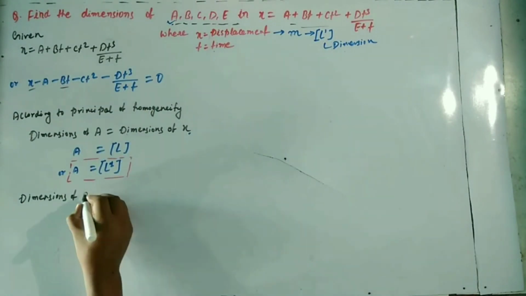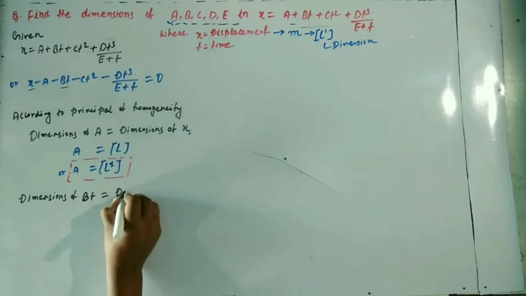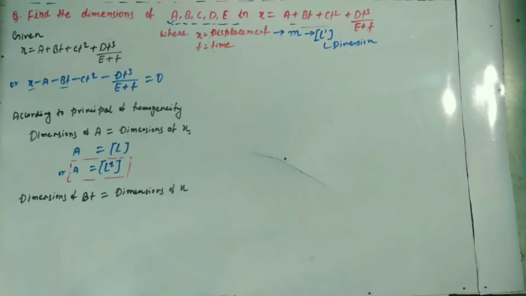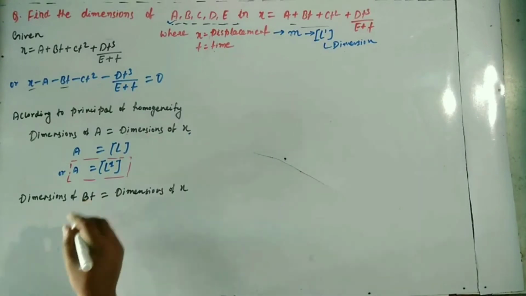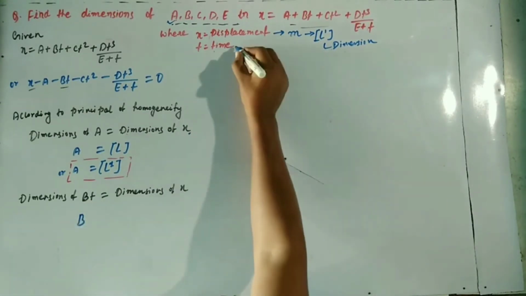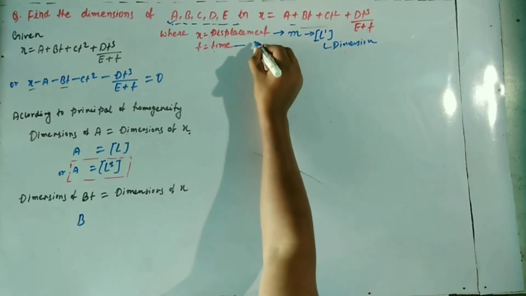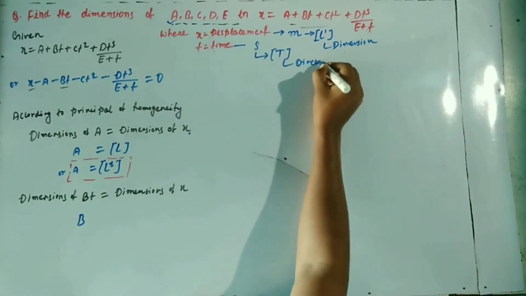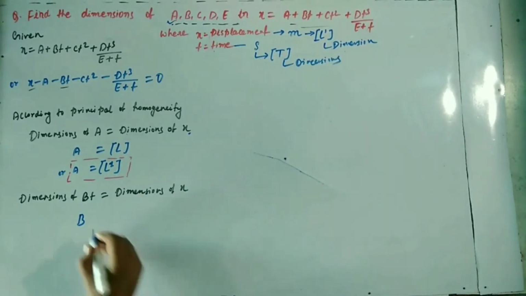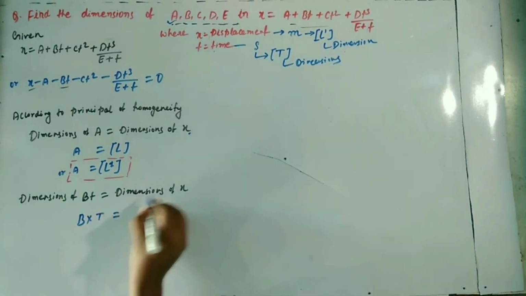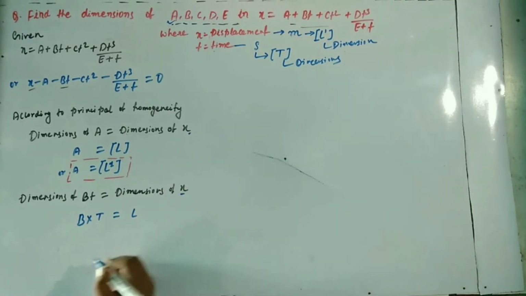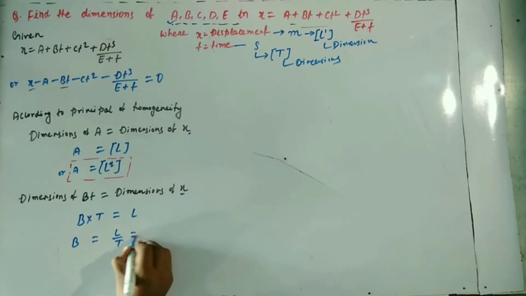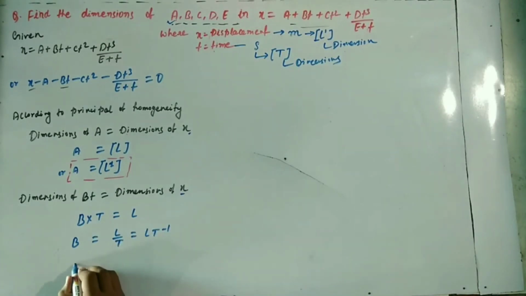So b into t, where t is time, so its dimension is capital T, equals the dimensions of x, which is L. Then the dimensions of b will be L by T, equals L T power minus 1.